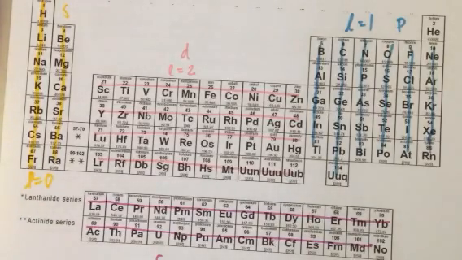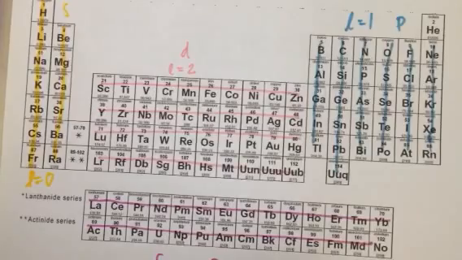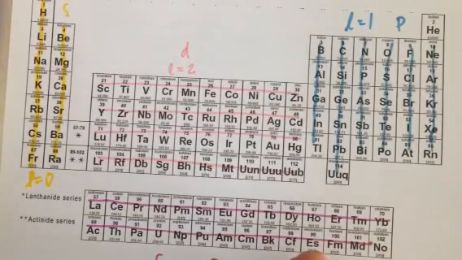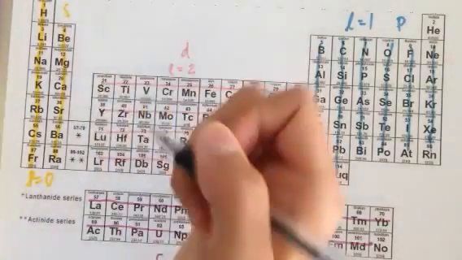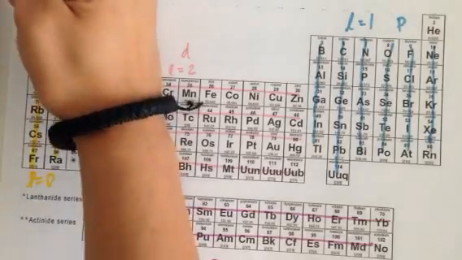And then you have to find the main energy level, and that you can do based on its placement in the periodic table, based on the row and the sublevel. So let's start with the S sublevel where we can label the main sublevels.